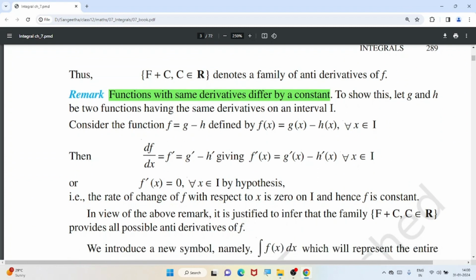So you can have functions with the same derivative but with a different constant, differing by the constant. I will show you the examples in the book. Functions with the same derivative differ by a constant.